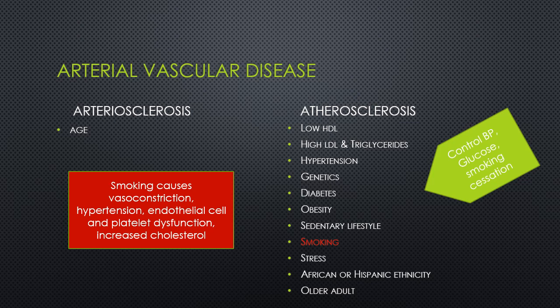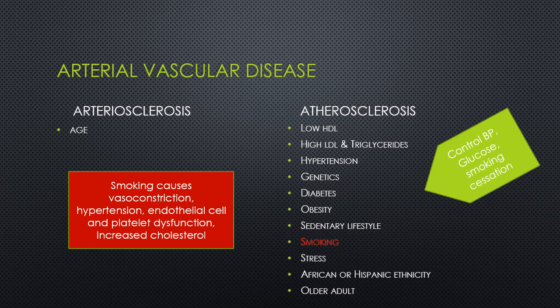So any imbalance in your cholesterol levels, a low good cholesterol, a high bad cholesterol, hypertension, family history, diabetes, obesity, sedentary lifestyle, smoking, elevated stress, ethnically, patients with African or Hispanic descent have a higher risk, and then older adults.